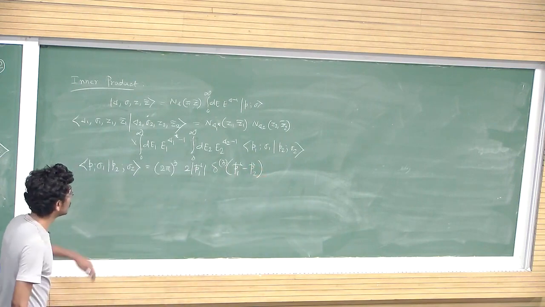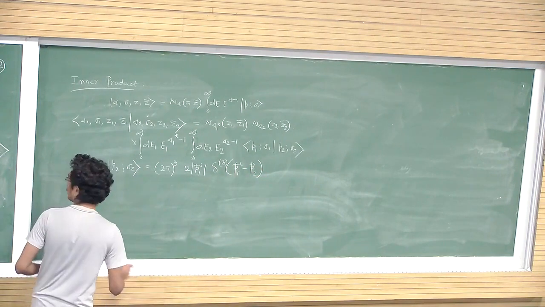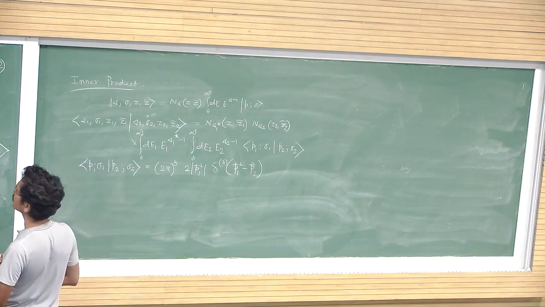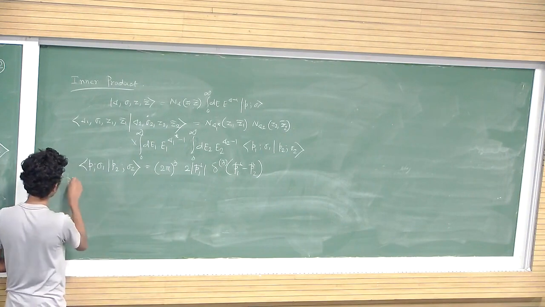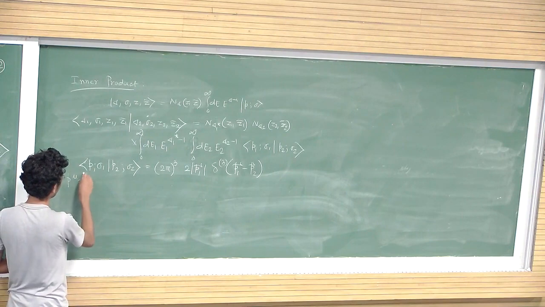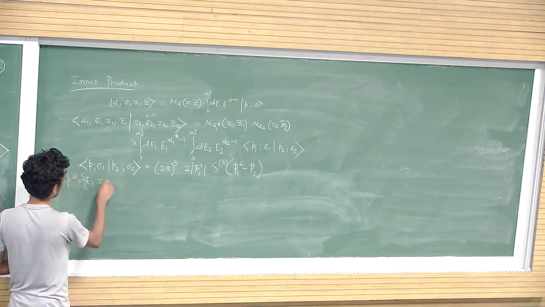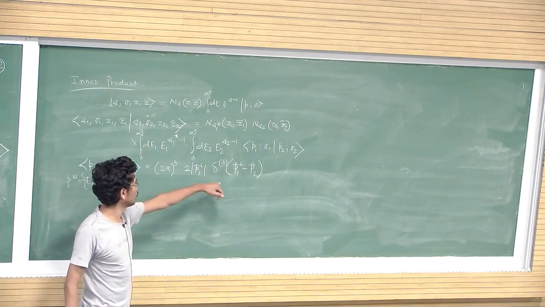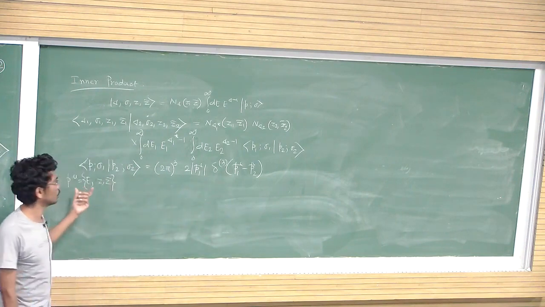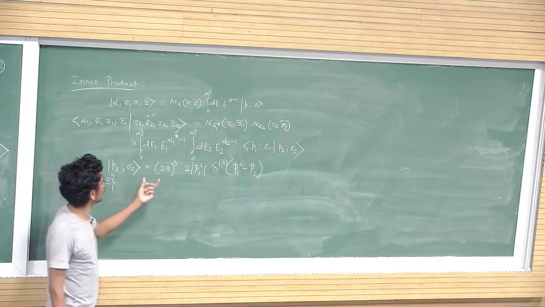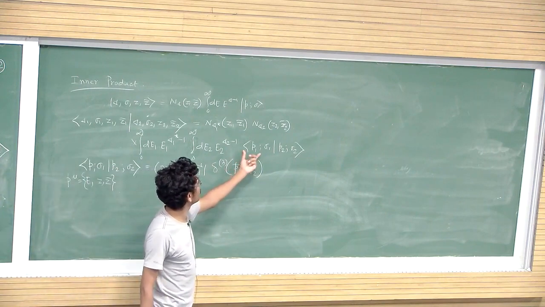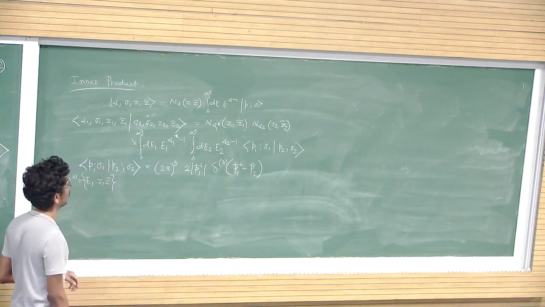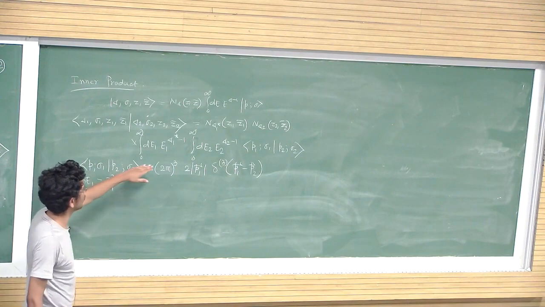So you had this parameterization, P mu in terms of E and Z bar. You have to write down every P1 and P2 in terms of Z1 and Z2, then substitute this inner product and integrate.